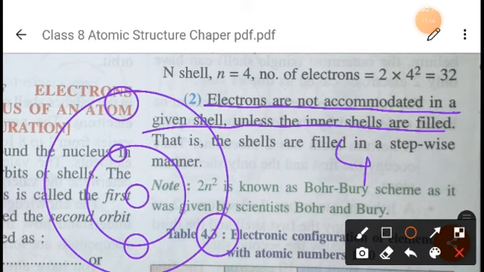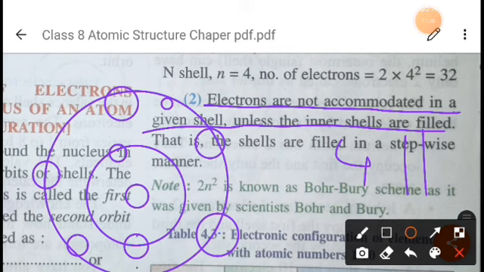Okay, now suppose this was the first example. Suppose we have 11 electrons. So at that time what will happen? In the first shell, how many electrons can be accommodated? 2 electrons. After that 8 electrons will come here.